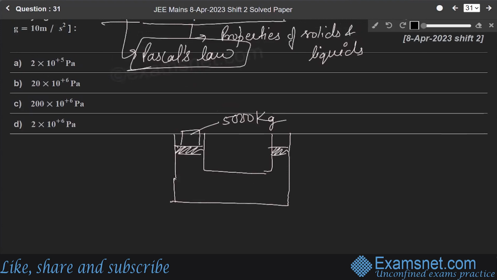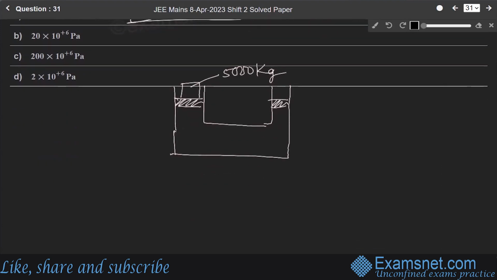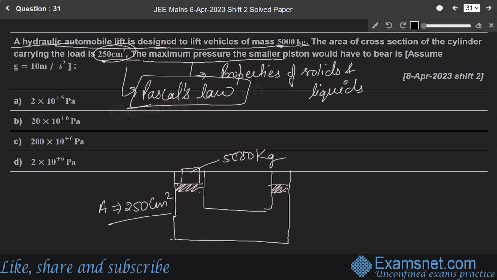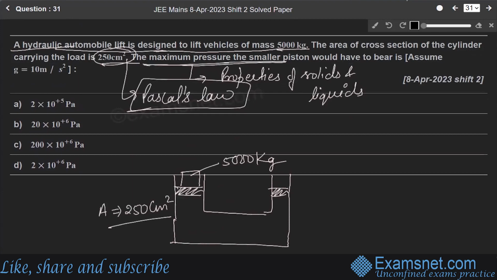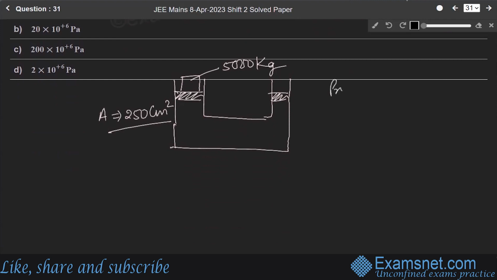The area of this cross section is given as 250 centimeter square. So we have to find the maximum pressure on the smaller piston, the maximum pressure the piston can bear.